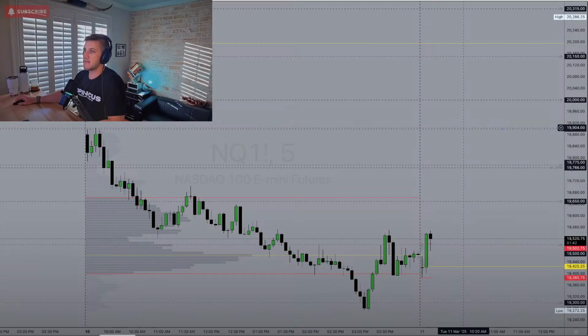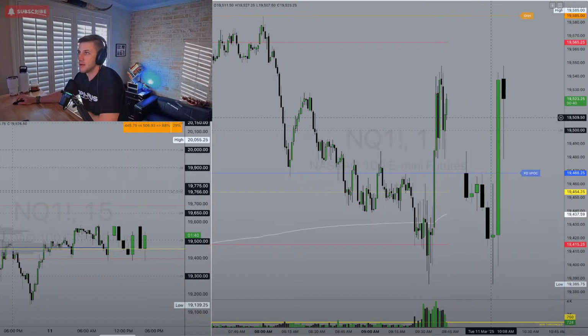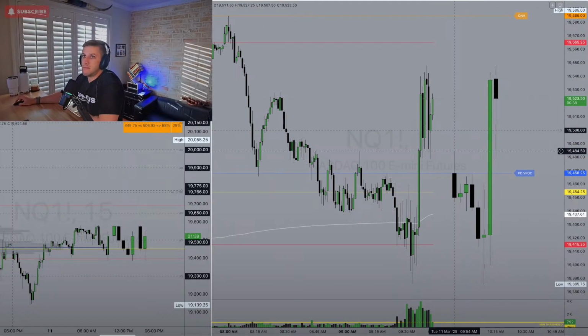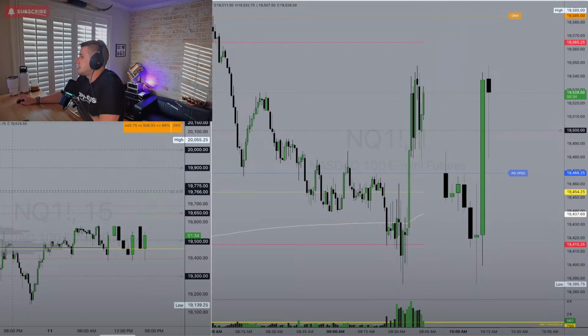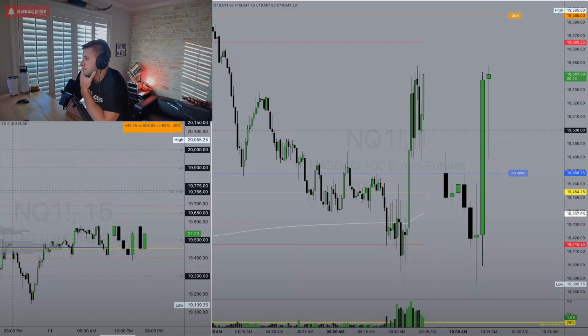NQ back into 500. Back into 500. I did not get a re-entry. Yeah, right back into highs. If you got that re-entry, trim some off.